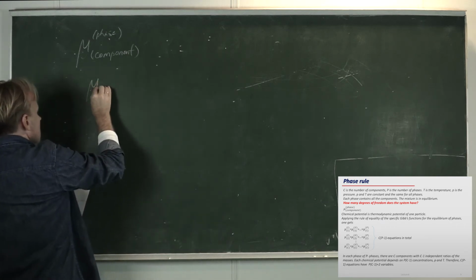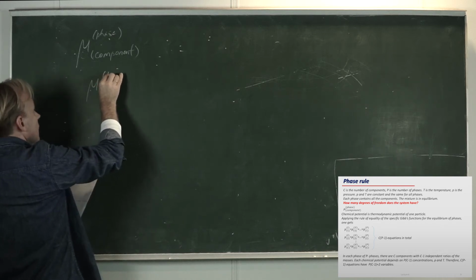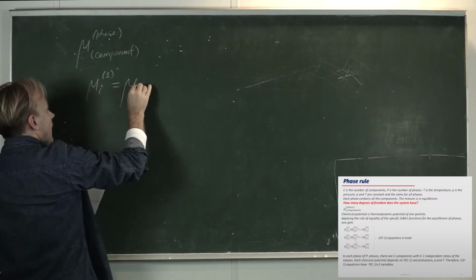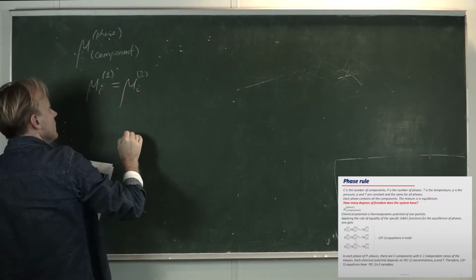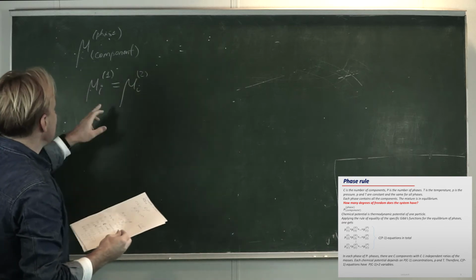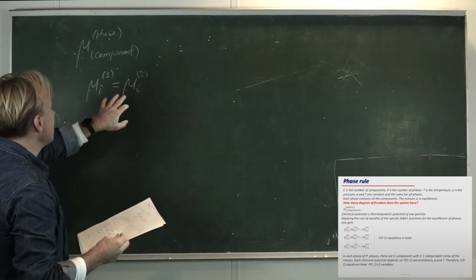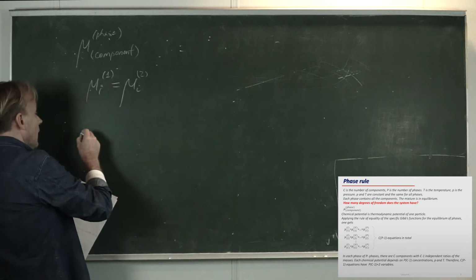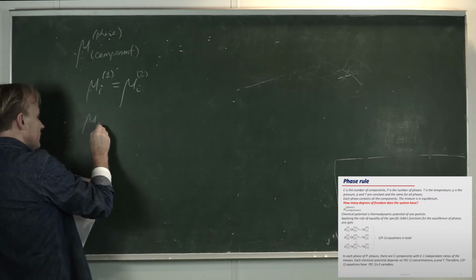So it means that, for instance, if you talk about component i, if I have thermodynamic equilibrium, the second phase of this component is in thermodynamic equilibrium with the first phase of this component, and it means that the chemical potentials are mutually equal. And then for each of the components, I can write a number of equalities.